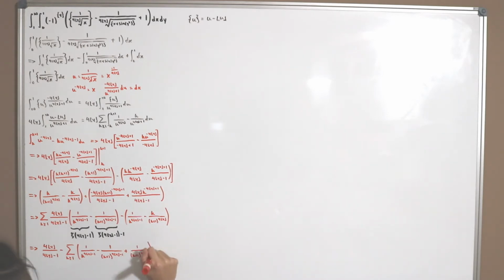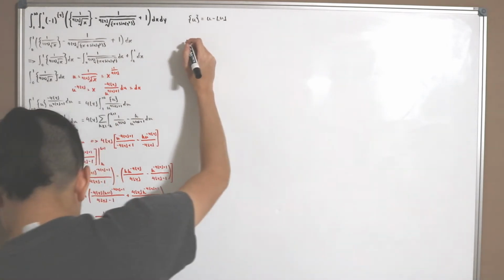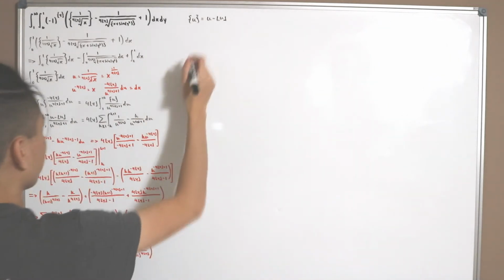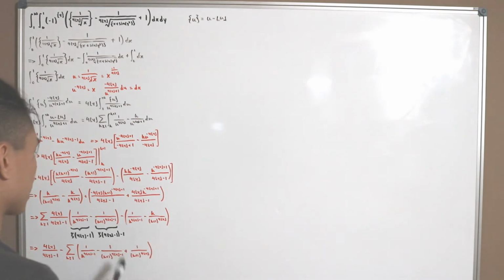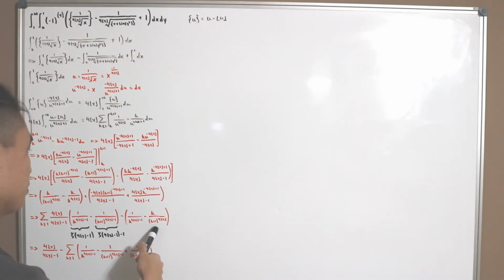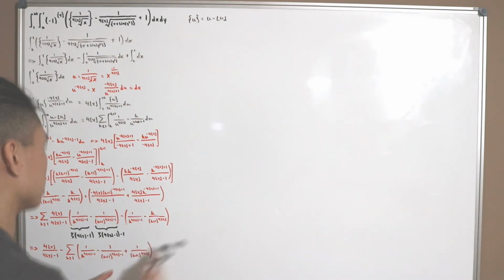Okay, and now I know what you're thinking: how do we get these two terms here? So what I did, and I can show the work here, put this off to the side. We're focusing on this expression specifically, and that's how we get this decomposition.